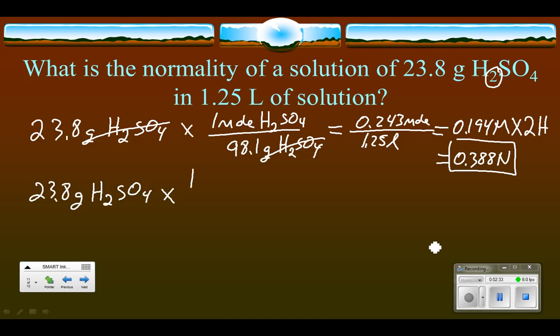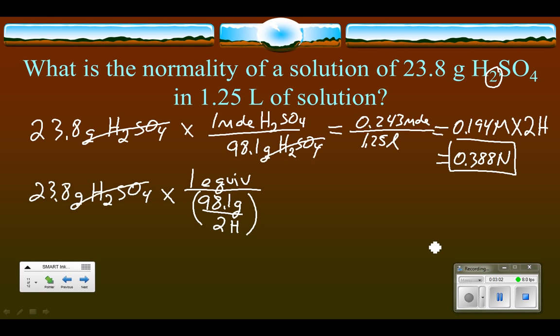One equivalent is equal to the molar mass divided by the number of hydrogens. So again, it's still 98.1 grams for the molar mass, but now we divide that by the 2 hydrogens. So it ends up being 23.8 grams of H2SO4 times 1 equivalent over 98.1 grams.